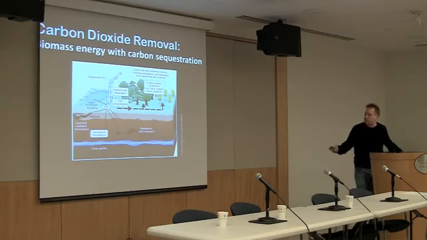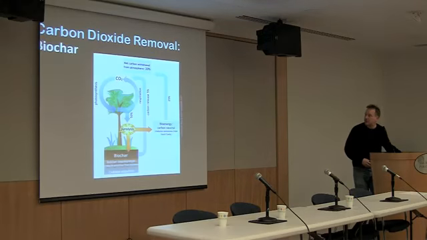Okay, anyway, the idea is to grow biomass, make electricity out of it, separate the CO2 and put the CO2 underground, and so you both replace fossil fuels and remove carbon dioxide.